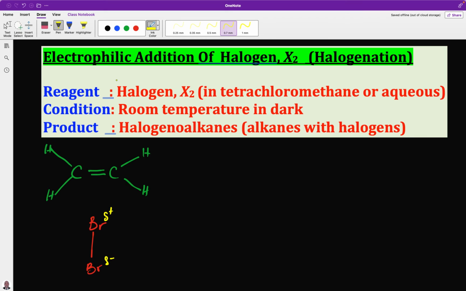So let me represent it here with this. That is how it is represented. So we can now say induced dipole here. There's an induced dipole here.